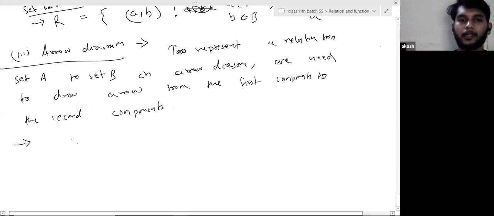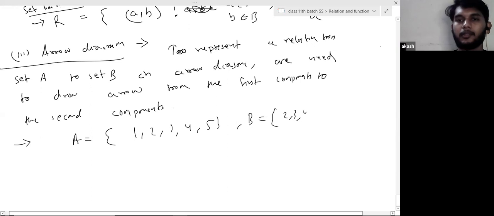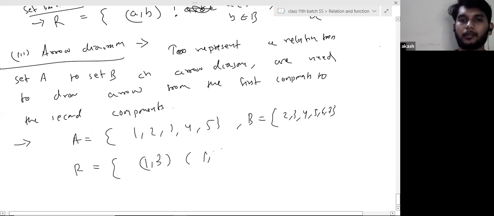Suppose we have a set A: 1, 2, 3, 4, 5 and set B: 2, 3, 4, 5, 6, 7, and a relation R: (1, 3), (1, 2), (2, 3), (3, 2) and (3, 4).